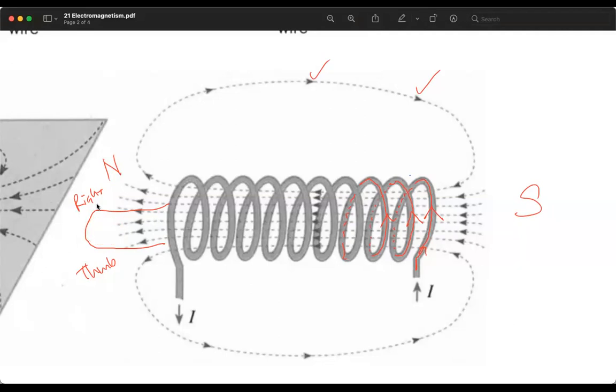You don't see your fingernail, you don't see your fingerprint. You point to the left, you'll see your fingernail. Your right thumb will point to the left, and that is your north pole. I'm so sorry about earlier on. Please ignore what I said about the direction earlier. So that is the magnetic field line due to a solenoid of current. Clear so far?